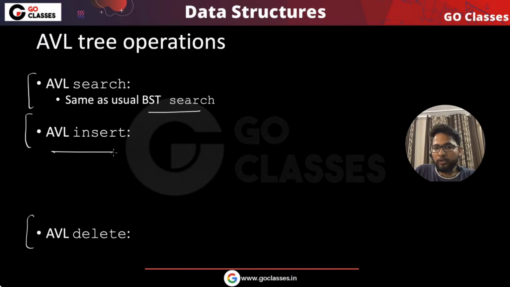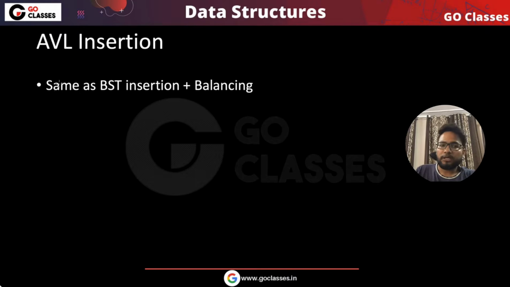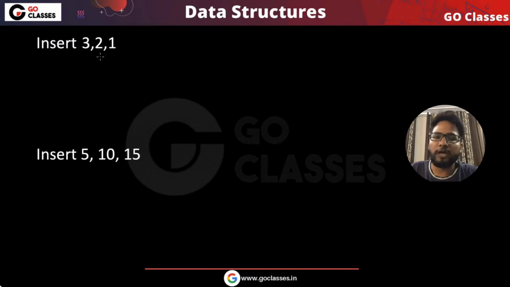So let me go to AVL tree insertion. Let me take a mini example. AVL tree insertion is basically binary search tree insertion, plus there will be some kind of balancing, okay? Some balancing will also be happening in case of insertion. Suppose I want to insert 3, then 2, then 1.